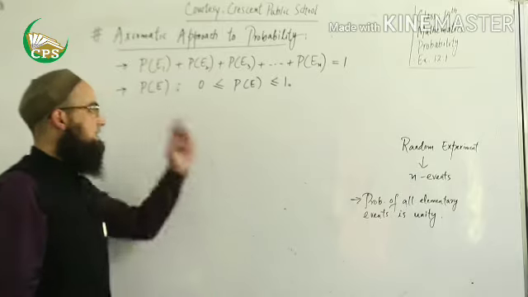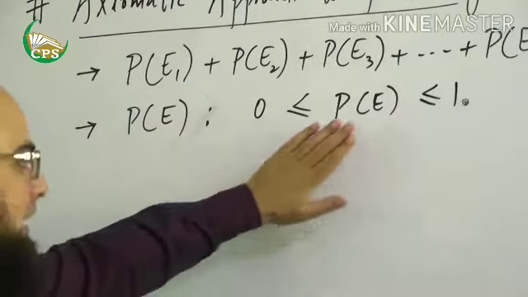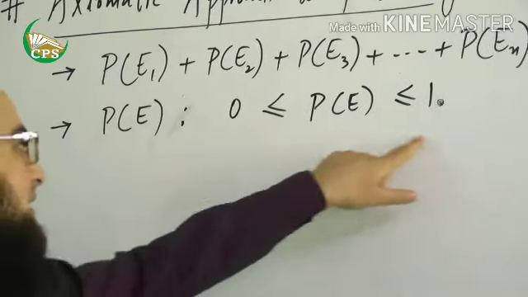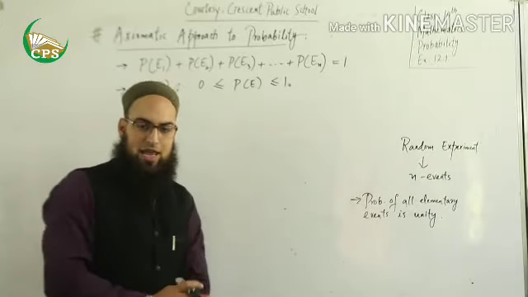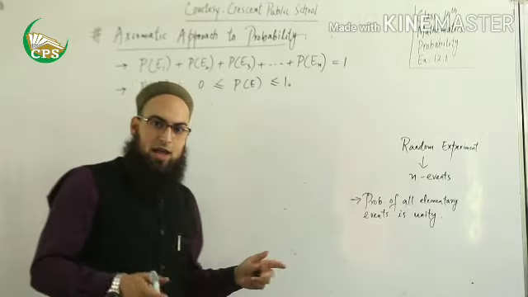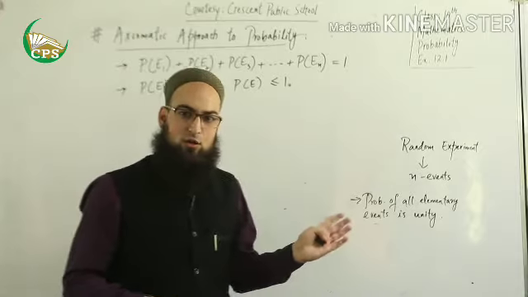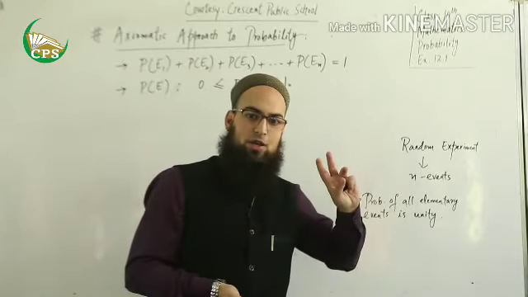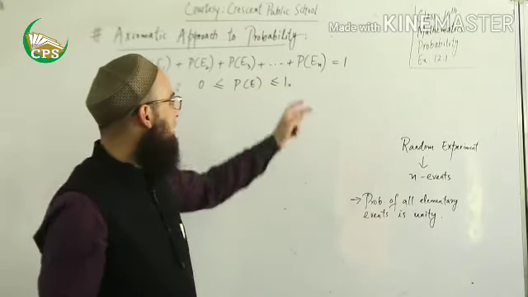What does that mean? The probability of any event is within the range of 0 through 1. It can be 0, it can be 1, and it can be in between, but it cannot go beyond. It cannot be greater than 1, nor less than 0. Probability is never negative nor greater than 1.